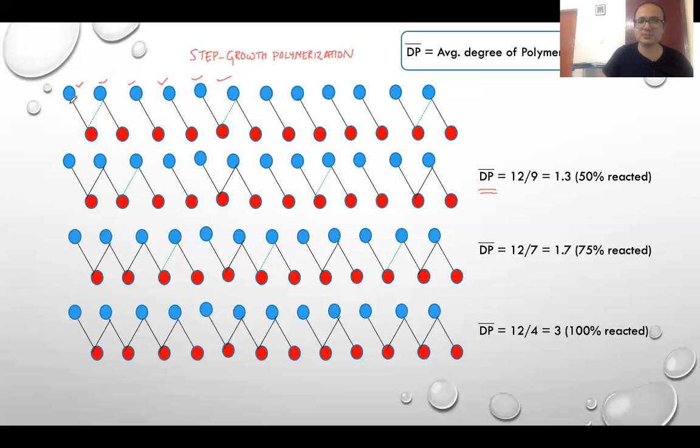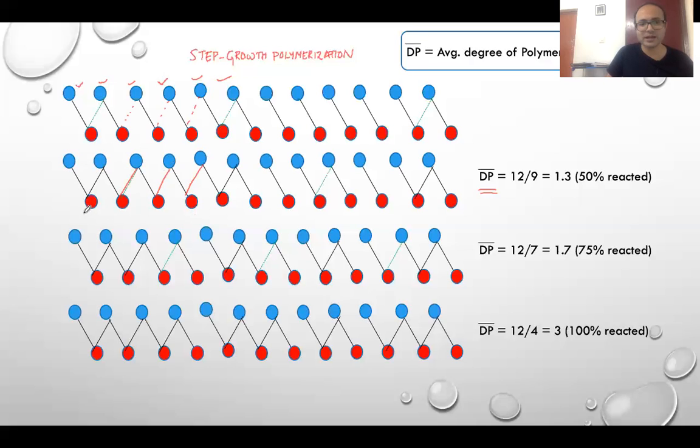If this monomer is activated, all these 6 monomers are going to link together in a chained fashion. When 50% of the reaction happens, you have something like this: bonding here, 1, 2, 3, 4, 5, 6. So here 6 molecules have reacted.